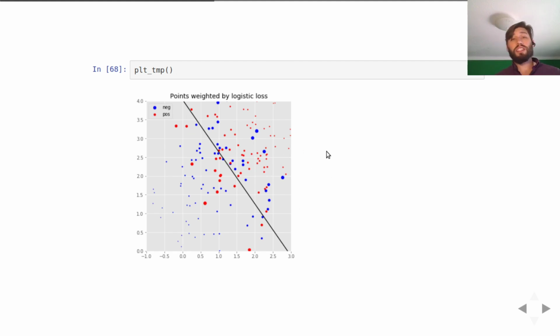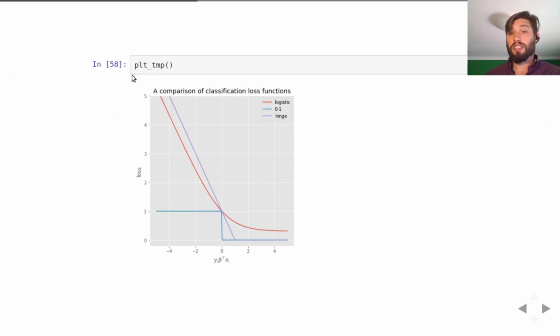Okay, so what does this look like in terms of the losses that we incur? What I did is I took those same points, and this line is our separating hyperplane. On this side, we're going to predict positive. On this side, we're going to predict negative. But then let's think about the losses for the logistic loss. As we get further into this positive part, the positives are getting smaller and smaller losses. That's because the yi times beta transpose xi is getting larger and larger, and they're inversely proportionate in this way.